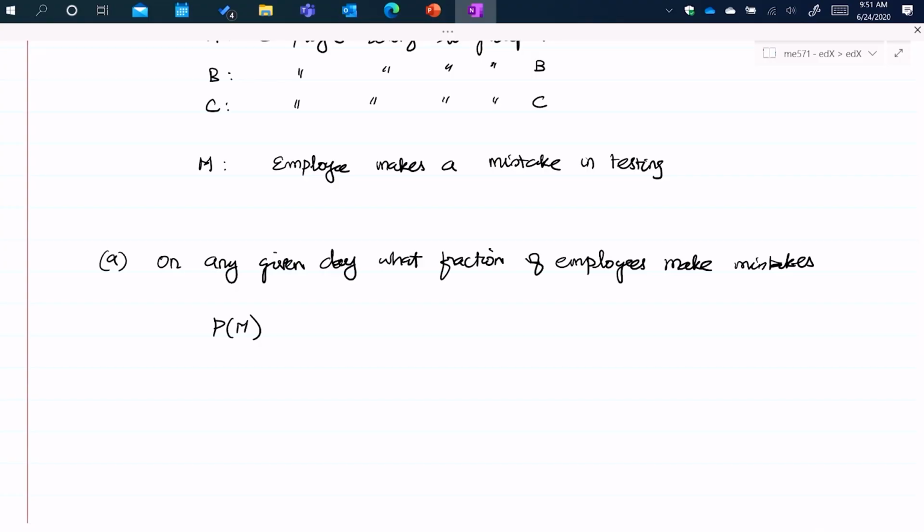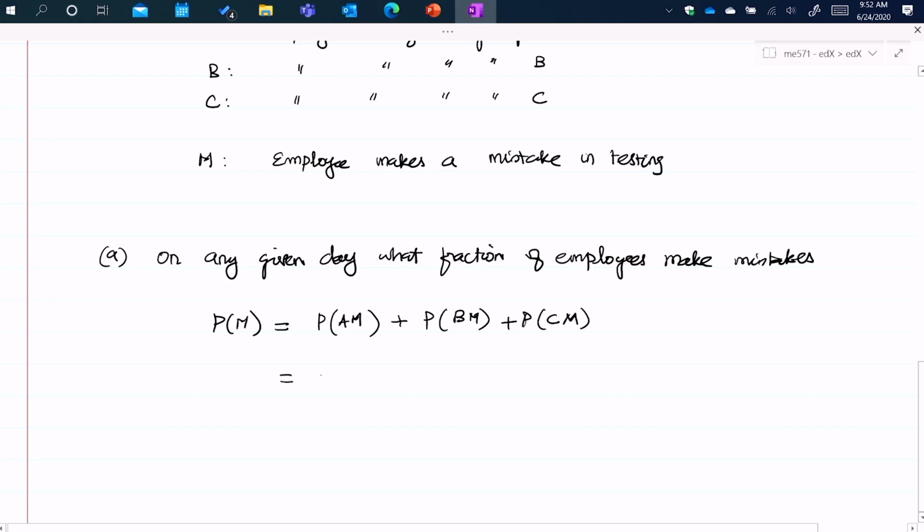It can happen in only one of 3 mutually exclusive ways: the employee belongs to group A and makes a mistake, or the employee belongs to group B and makes a mistake, or the employee belongs to group C and makes a mistake.